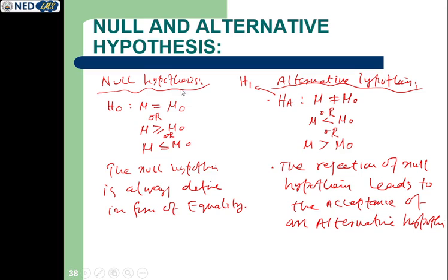It depends on this: if the null hypothesis is equal to, then the alternative is not equal to. If the null hypothesis is greater than or equal to, then the alternative is less than. If the null hypothesis is less than or equal to, then the alternative is greater than.